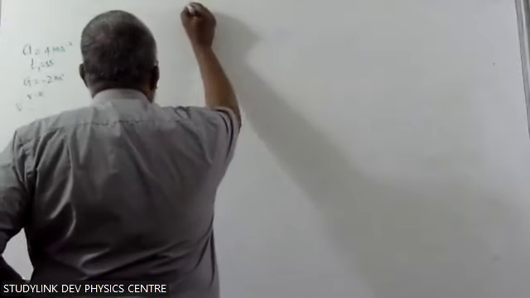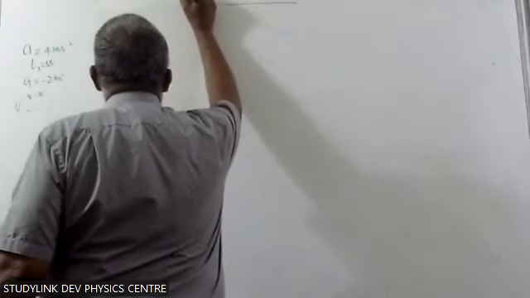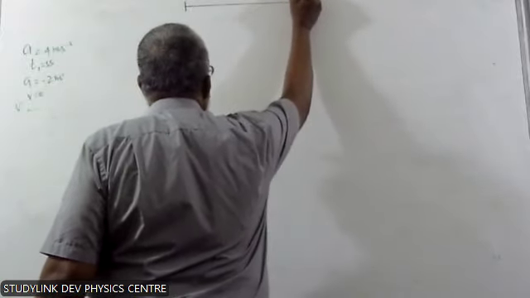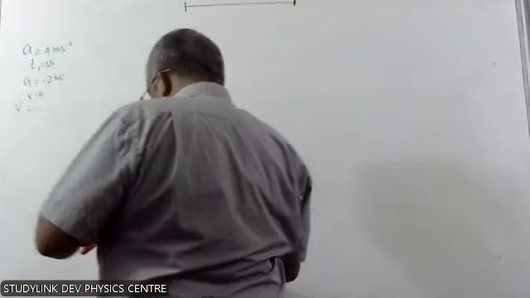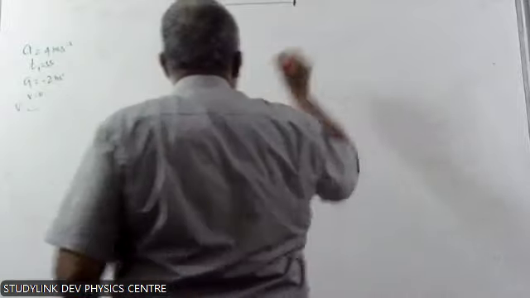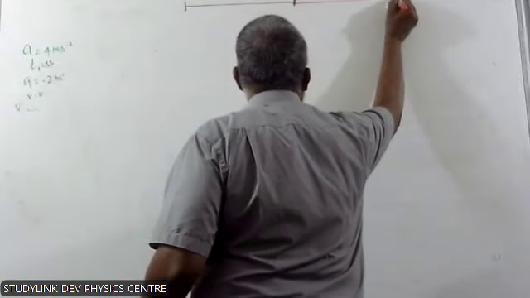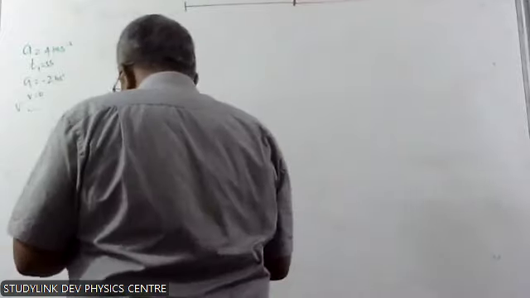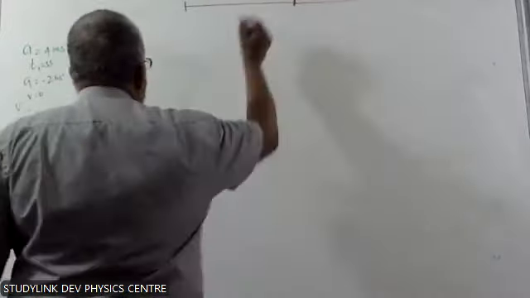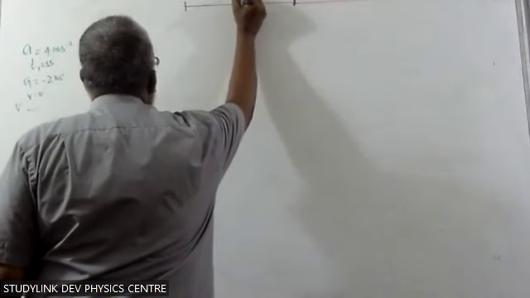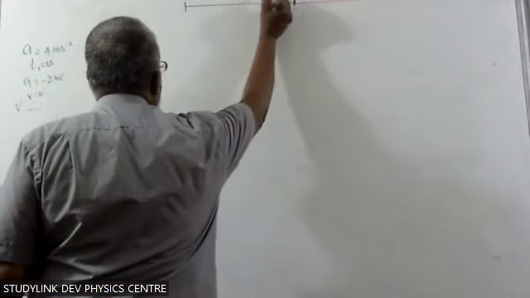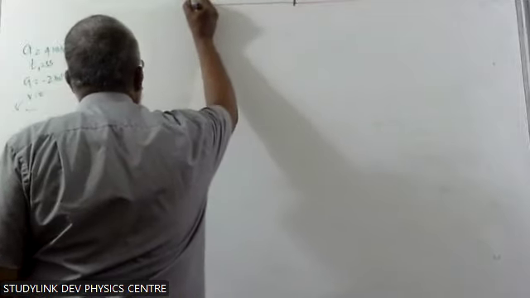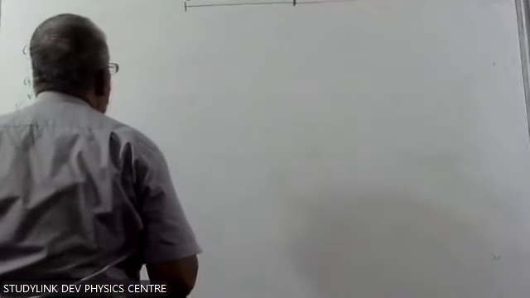First, we'll consider journey P to Q. Then second journey Q to R. I marked it using the red color. The first journey is concerned, the distance it travels is S1. That means this distance is S1. Displacement also we can consider.